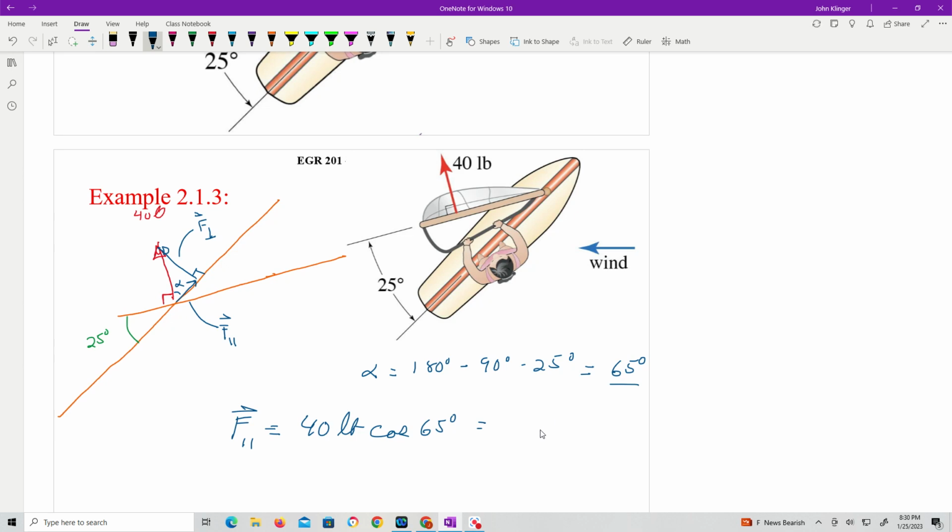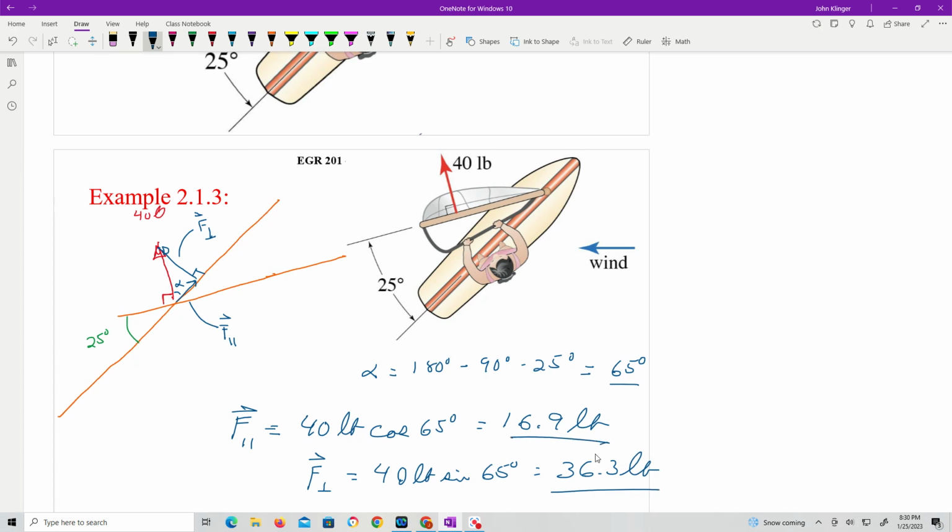That is 16.9 pounds, and it's parallel. F perpendicular is equal to, of course, 40 pounds times the sine of 65 degrees. And if I calculate that, 36.3 pounds.